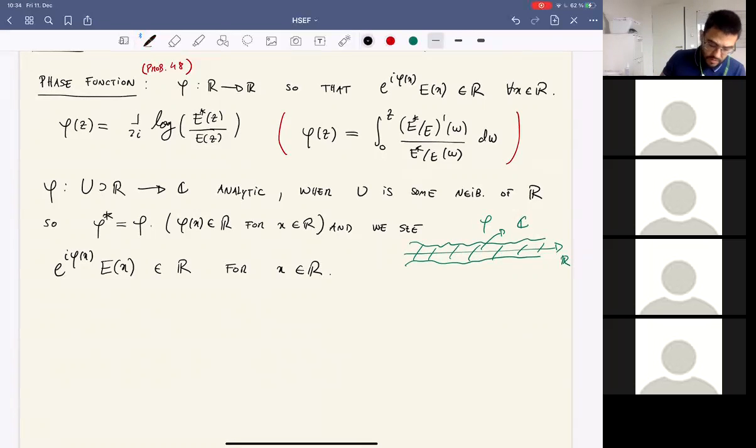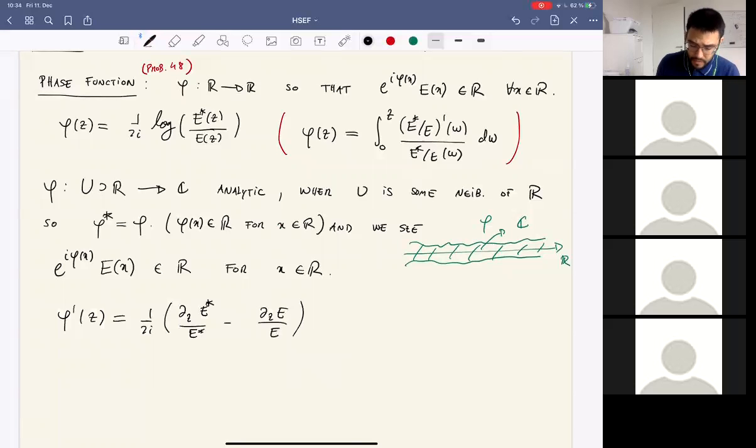Okay, so let me compute the derivative. We have a formula for the log, so we can compute the derivative easily. That would be 1 over 2i times the derivative in z of E* over E minus the derivative in z, that would be the derivative over E* here, so just differentiating the log.